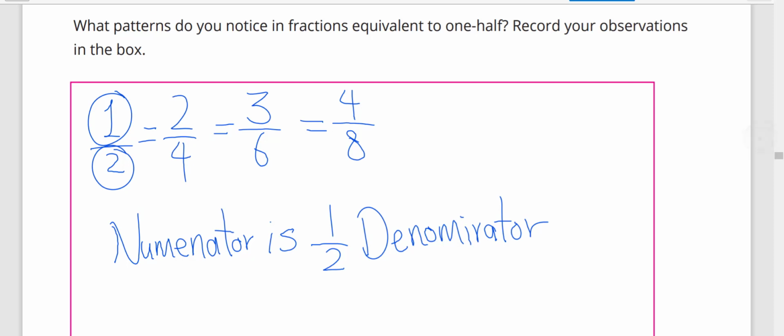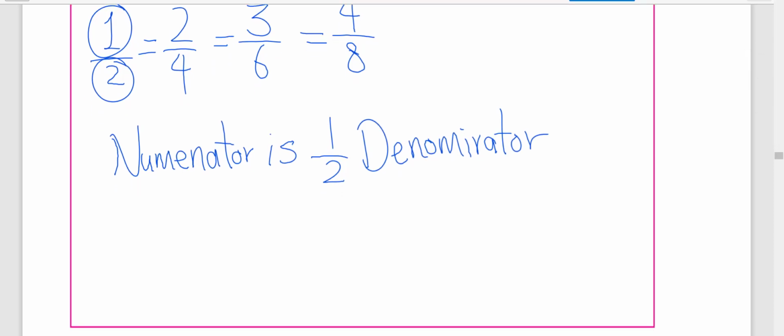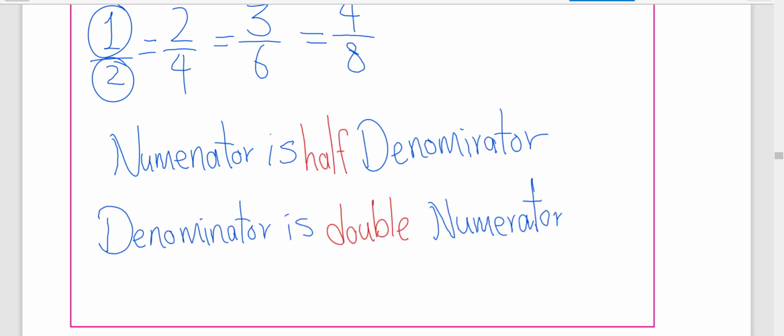We can write like this: numerator is half denominator, or denominator is double numerator. Thank you.